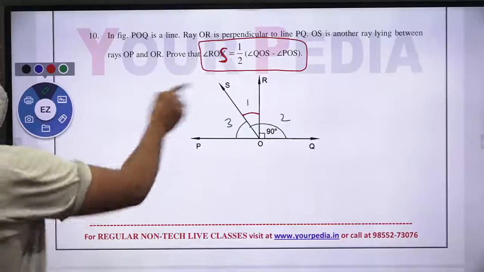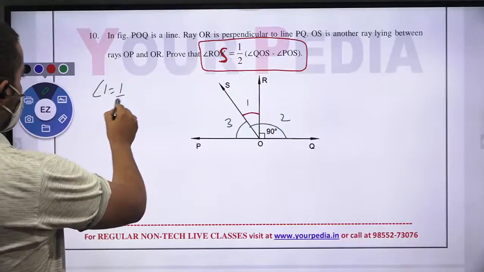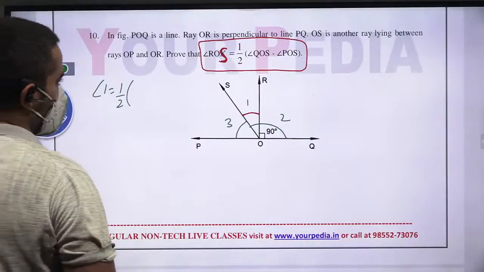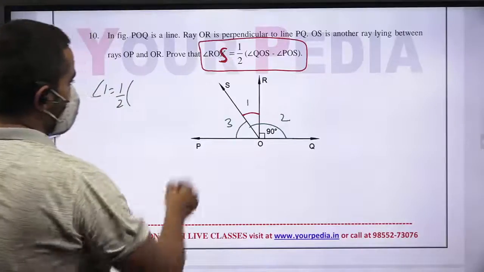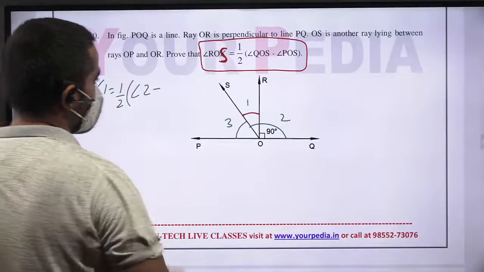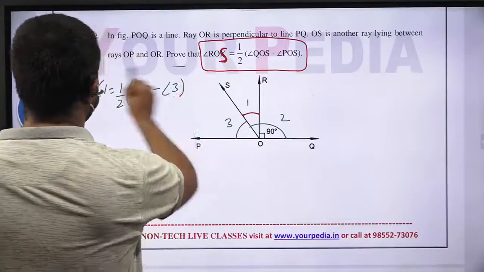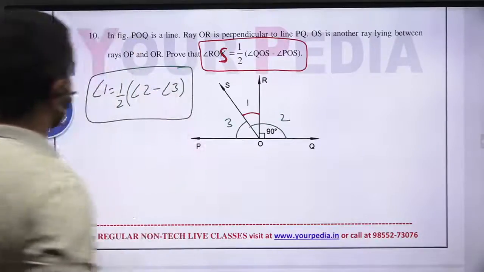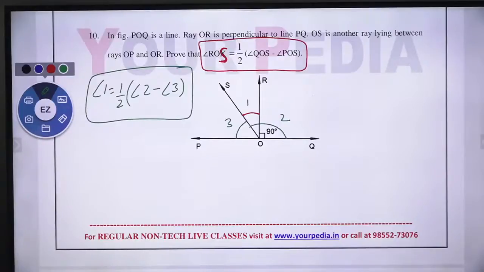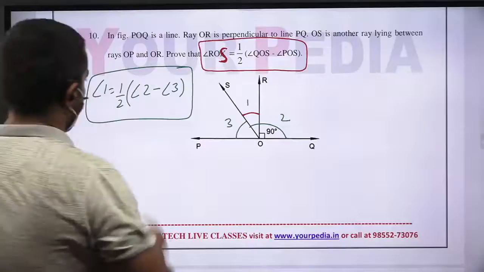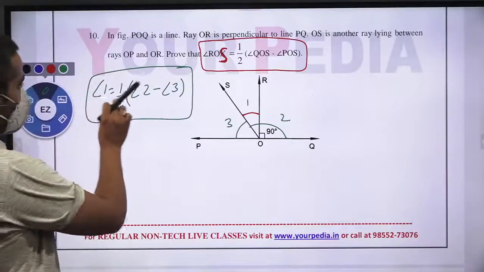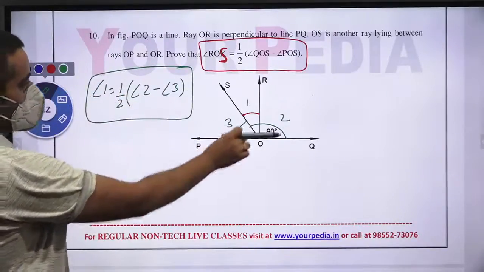Now we have to prove angle 1 is equal to 1 by 2 of QOS minus POS. So we need to prove angle 1 is equal to half of the difference of angle 2 minus angle 3.